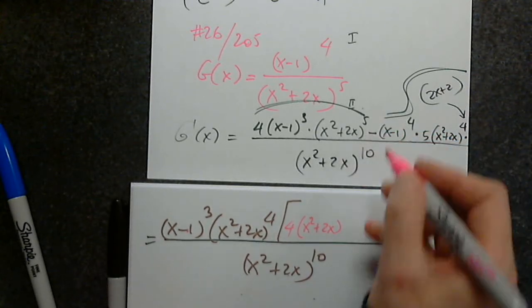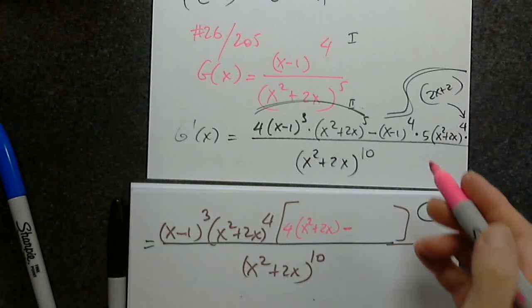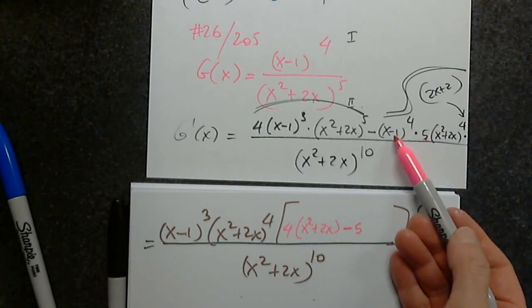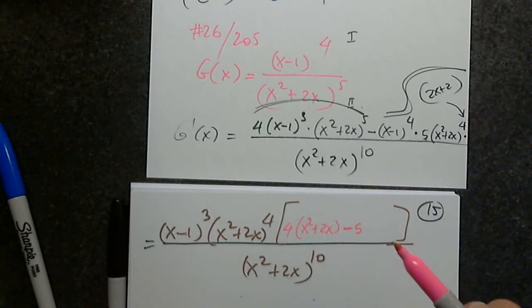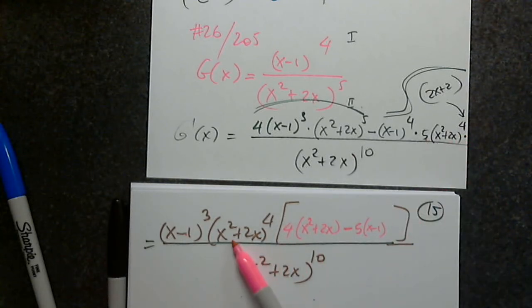Then we reach the negative sign. A 5 is left. From x minus 1 to the 4th, we pulled out x minus 1 to the 3rd, but still 1 is left inside. x squared plus 2x to the 4th, happily out.